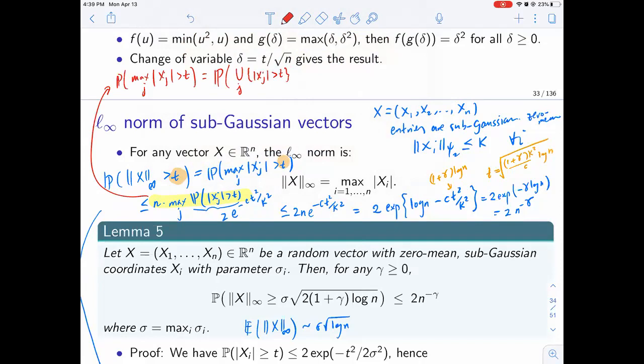The maximum of this is like the union of these events. Does that make sense? That is saying that the maximum being bigger than t is equivalent to at least one of them being bigger, and at least one of them translates to union. And then you say this is bounded by summation, this is the union bound.